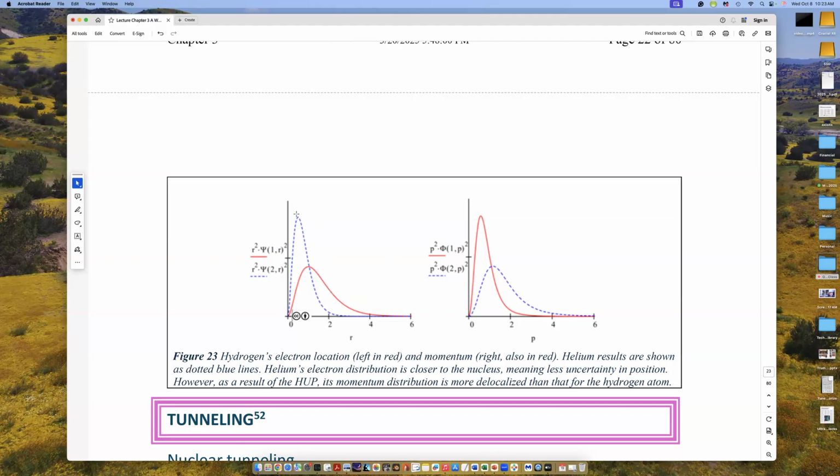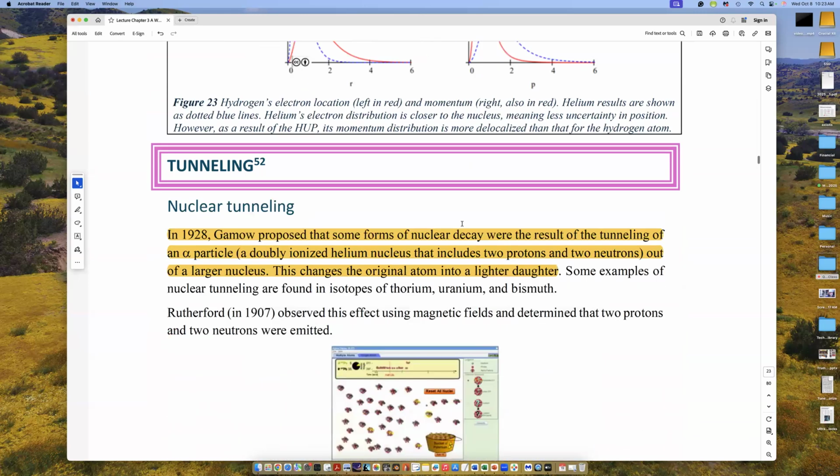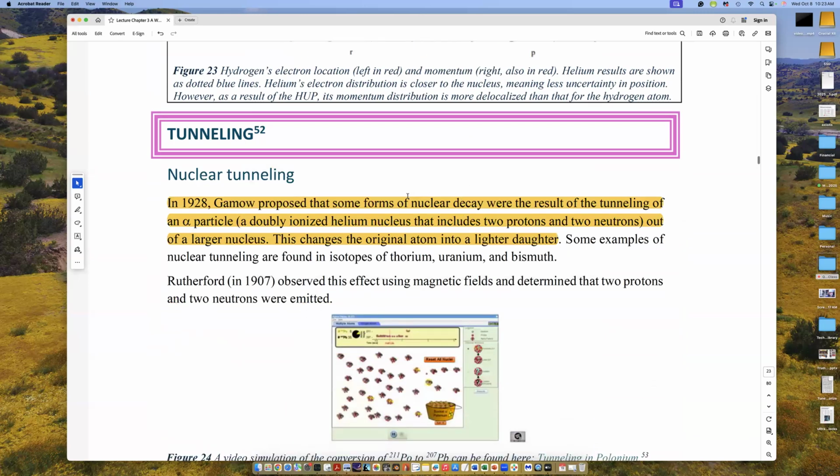The blue line is what you would get if you deal with helium, which doesn't have a single electron, it has multiple electrons. And you see here, this is the square of the wave function. So we get all these intricacies, and here's more on this tunneling business.